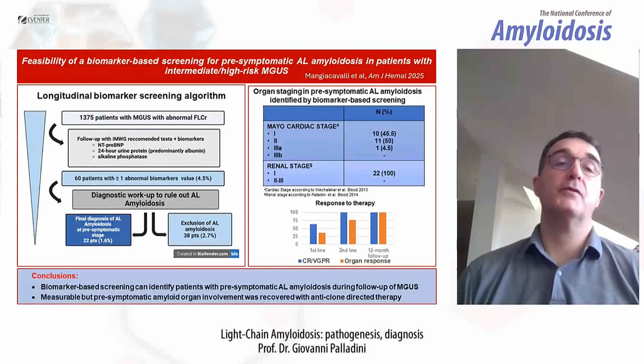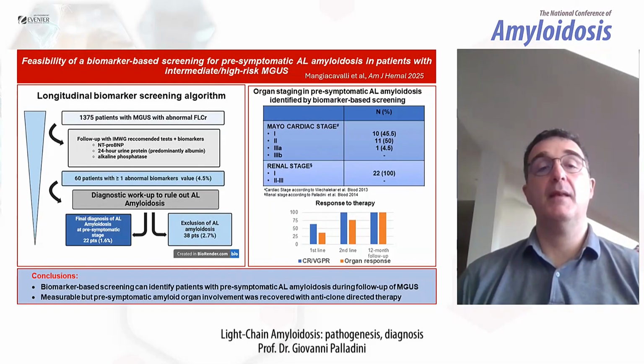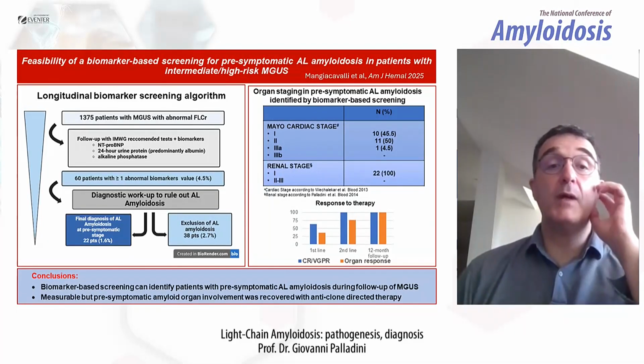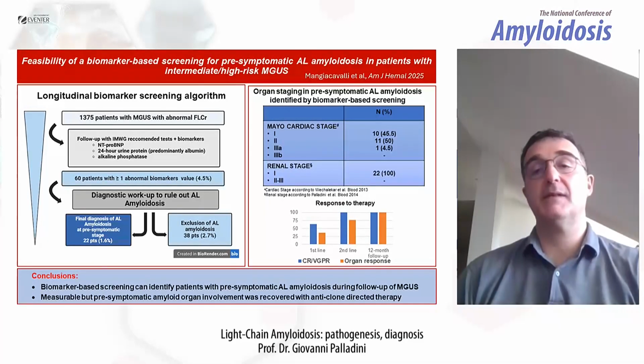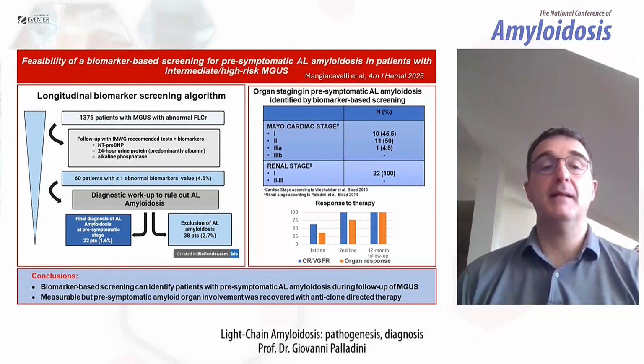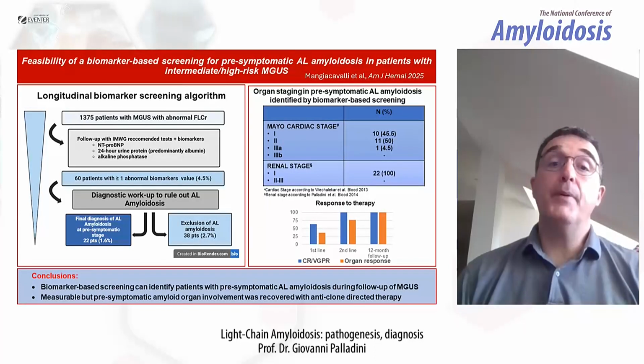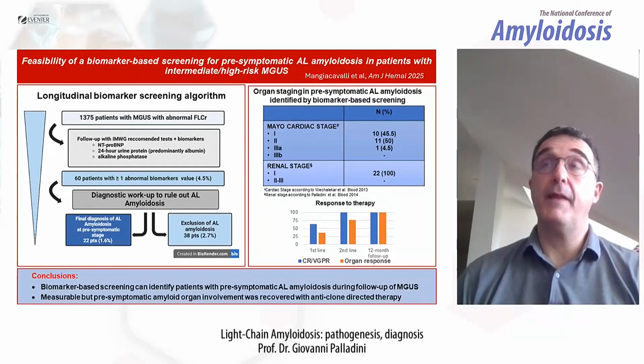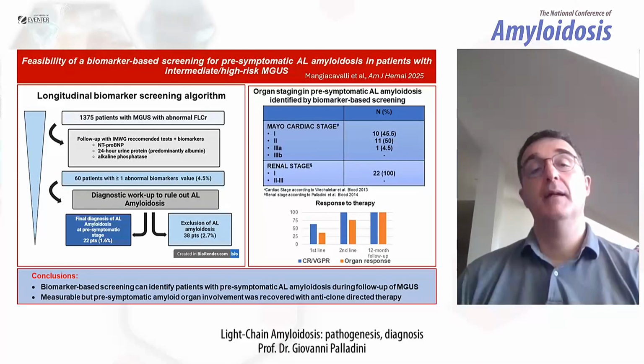study. Over the course of 10 years, we monitored 1,300 patients with MGUS, and 22 of them, 1.6%, with an annual estimated incidence of 2.5 per 1,000 persons, we found AL amyloidosis in these patients.